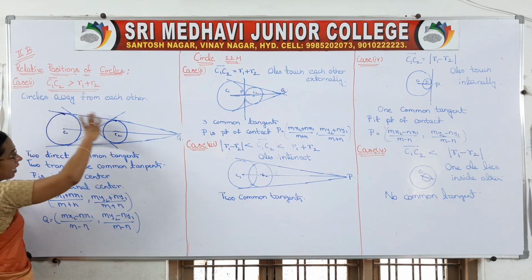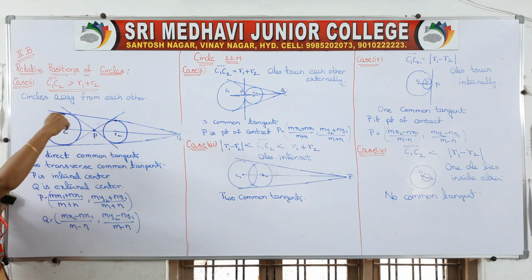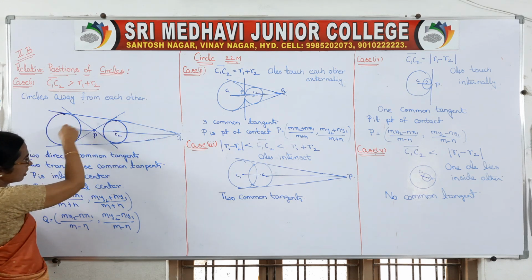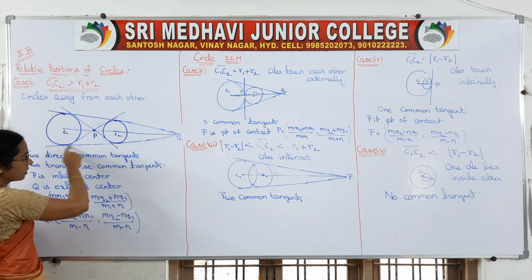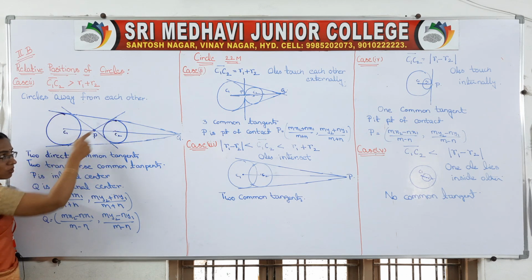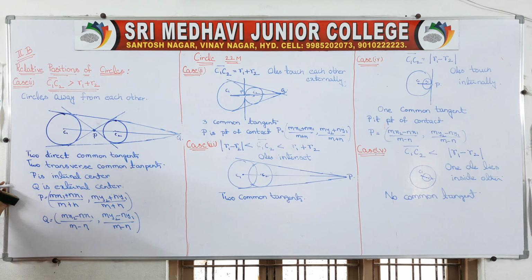Okay. So, if we take direct tangents, they are called, this is one direct tangent which touches this circle as well as this circle. This is another direct common tangent. One pair of direct common tangents, one pair of transverse common tangents. Pair means 2.